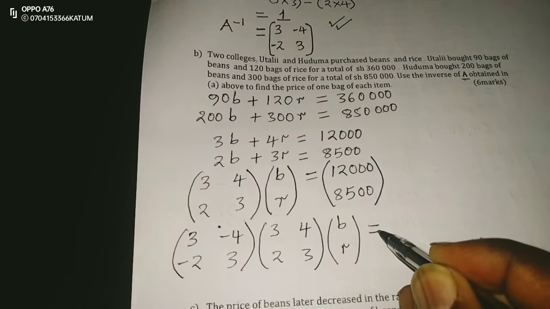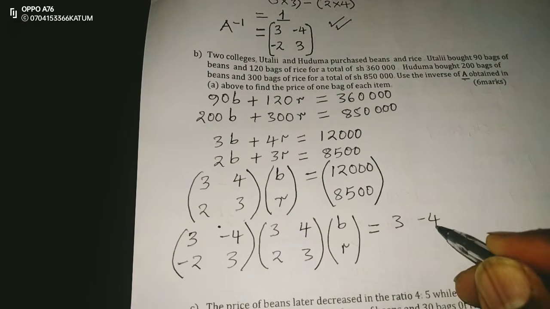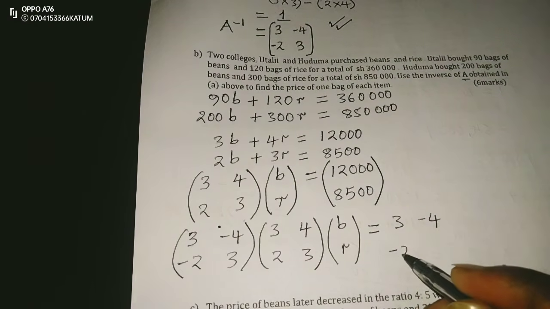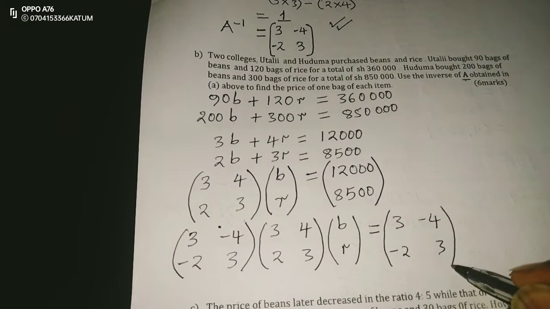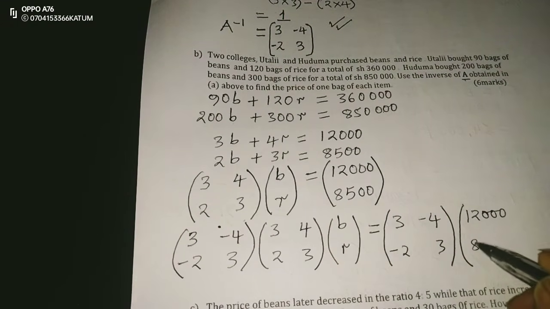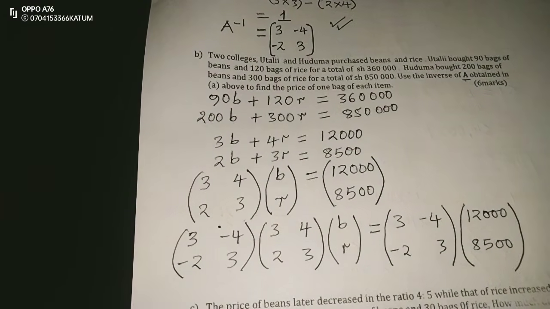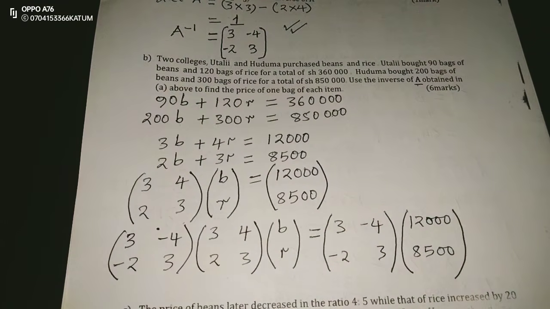This is equivalent to, we also multiply this side with 3, negative 4, negative 2, and 3. Then now this is being multiplied by 12,000, and this is 8,500. So now after that, we should now carry out the multiplications.